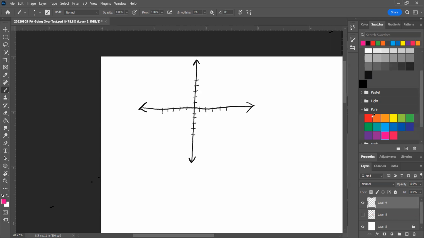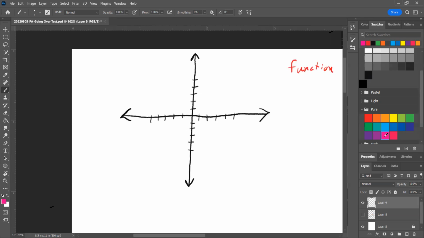So is this a function? We're going to do some ordered pairs here. This will be easier on a proper grid with all the things, but so is that a function?